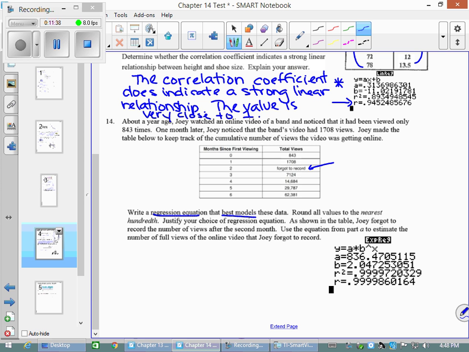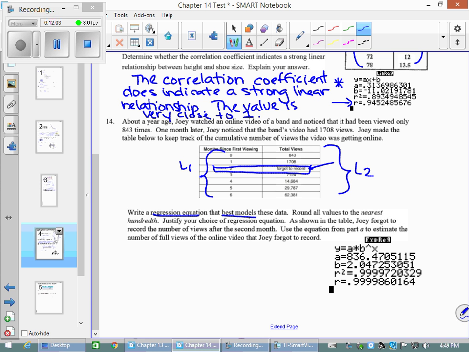Not exactly doubling, but approximately doubling, which would be an exponential relationship. So what I did was I took my months, excluding the 2, and typed everything else from my months into my L1 and all of the total views into my L2, again excluding the 2 because we don't have an L2 value for it just yet.